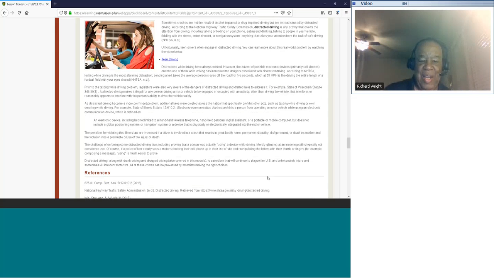And it says here in our state, penalties are increased if a driver is involved in a crash that results in great bodily harm, permanent disability, disfigurement, or death. And a proximate cause of that was dealing in distracted driving. So it's an issue.